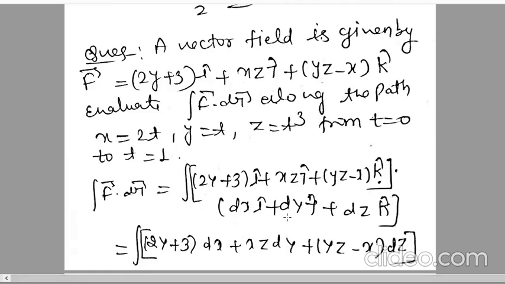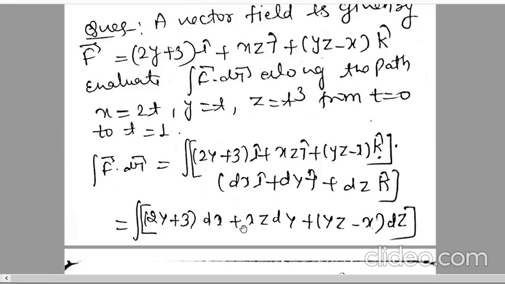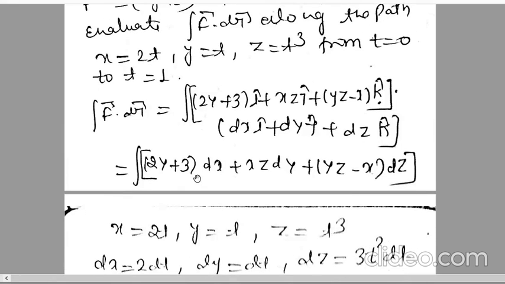So now calculate dr vector. Your dr vector will be dx i plus dy j plus dz k cap. Now f vector dot dr vector is (2y plus 3) dx plus xz dy plus (yz minus x) dz.